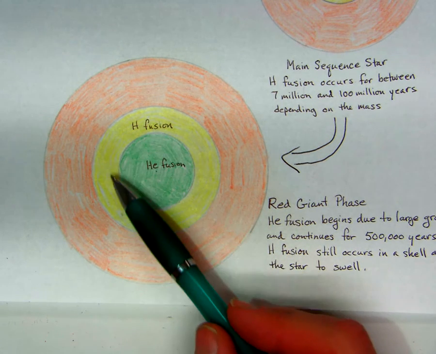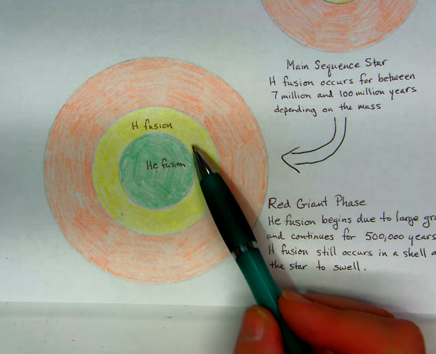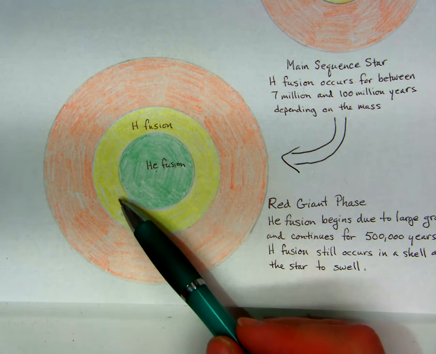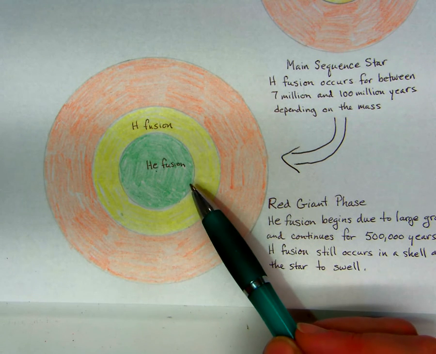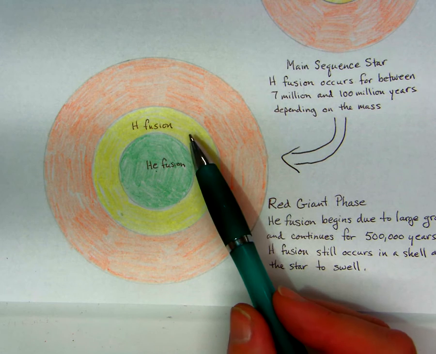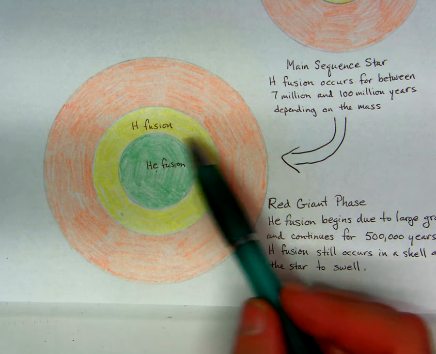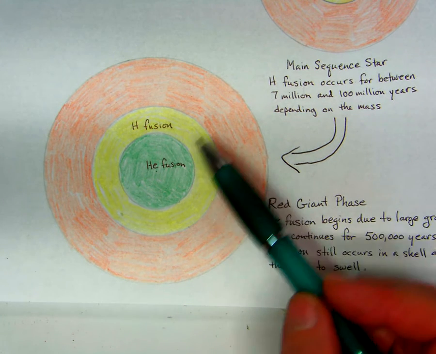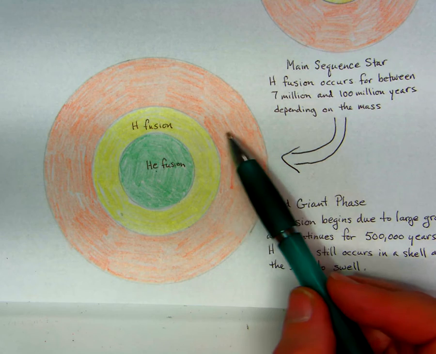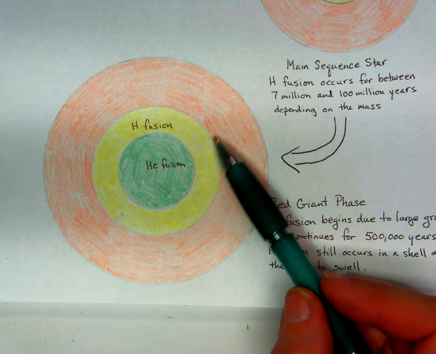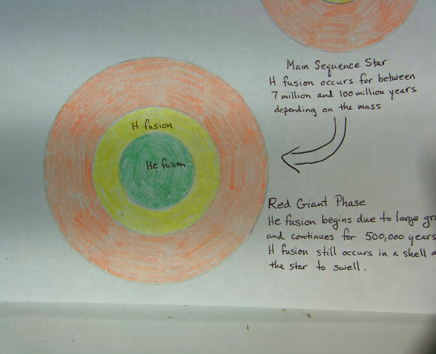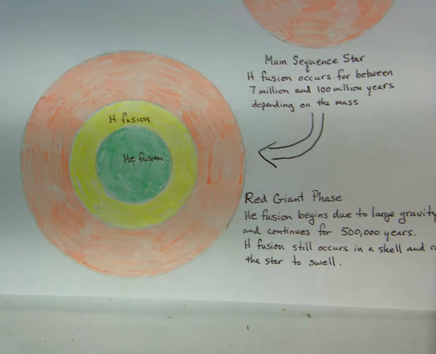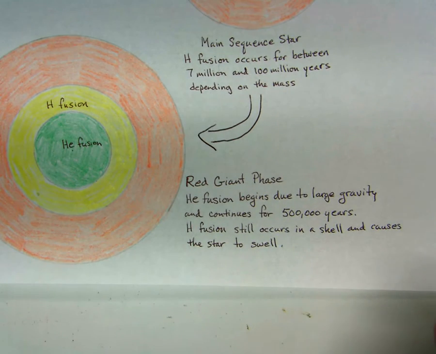So you have hydrogen fusion occurring in a shell outside the helium. Because it's hotter now, farther out towards the edge, this lighter gas causes it to swell, and so our star grows.